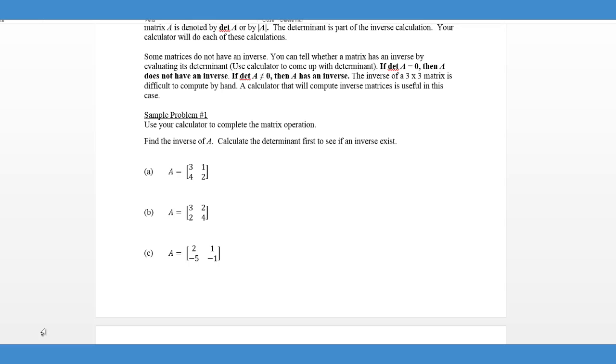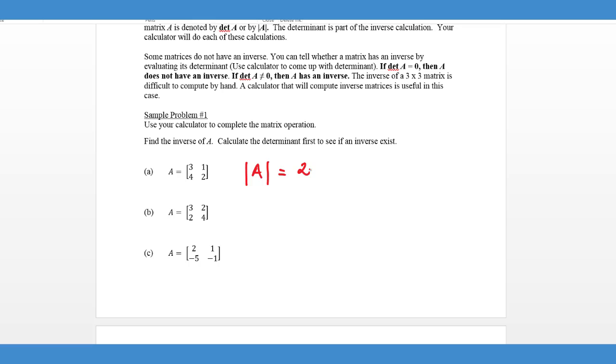The notation for a determinant looks like an absolute value symbol. But since we're dealing with a capital letter representing a matrix, that's showing us that it's a determinant. So the determinant of part A is equal to 2.